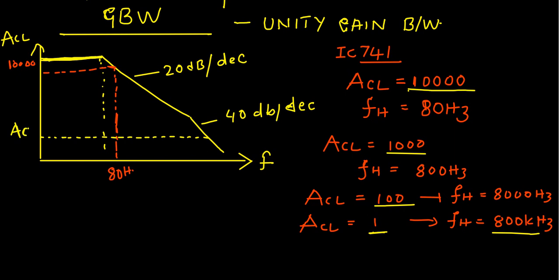The product is the same, followed by 5 zeros in all the cases. That is called the gain bandwidth product.